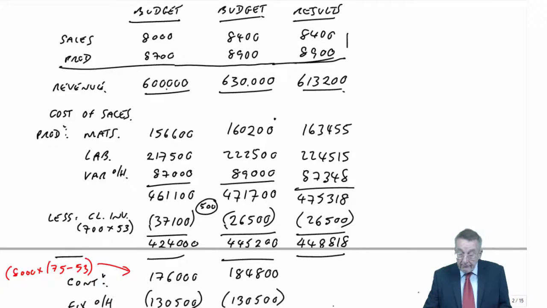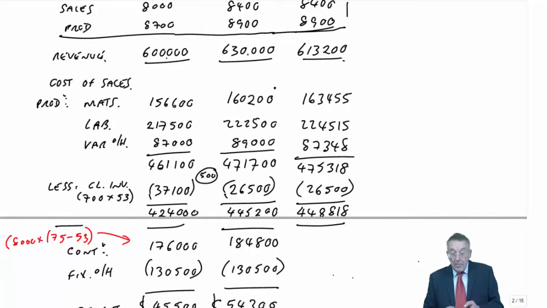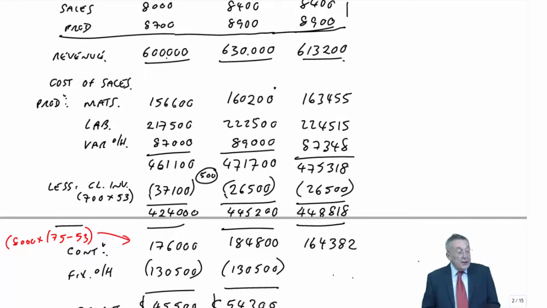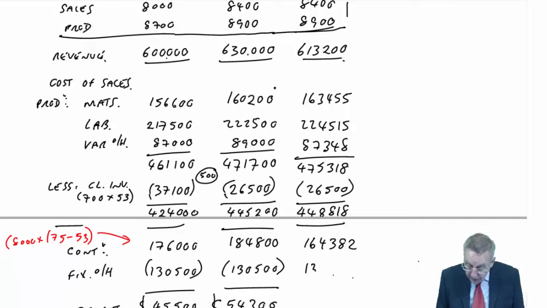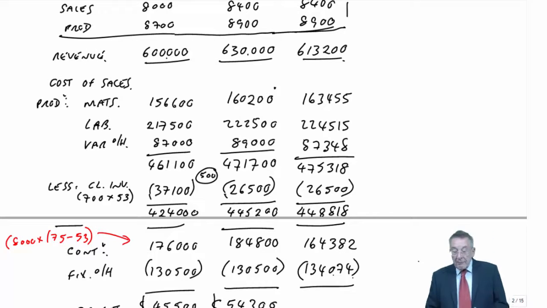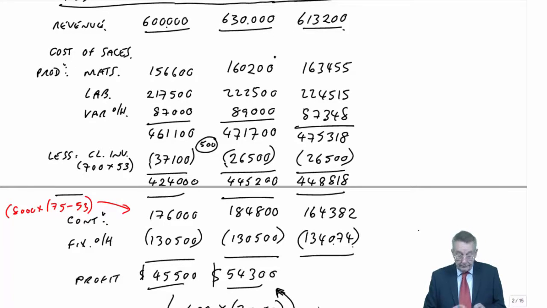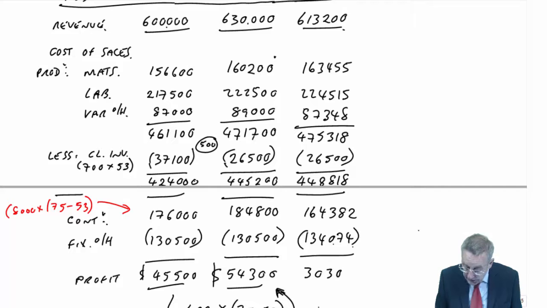And therefore, our actual contribution, the revenue was 613,200, the cost of sales 448,818, so actual 164,382, and finally the actual fixed overheads 134,074, giving an actual profit of 30,308.